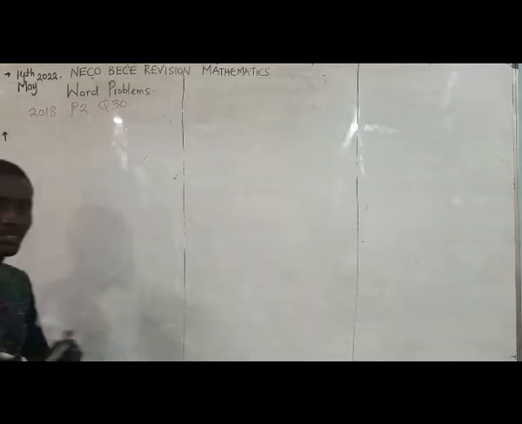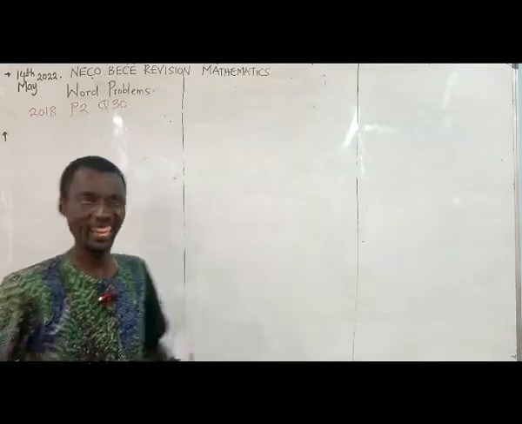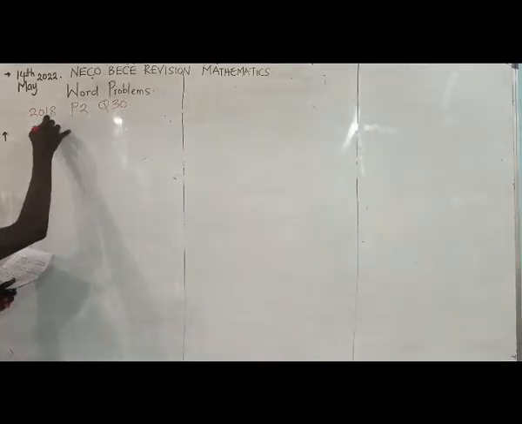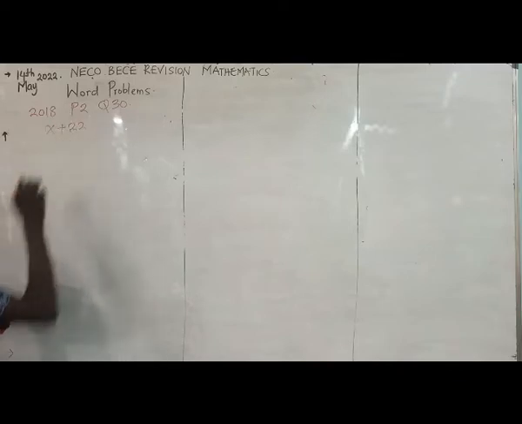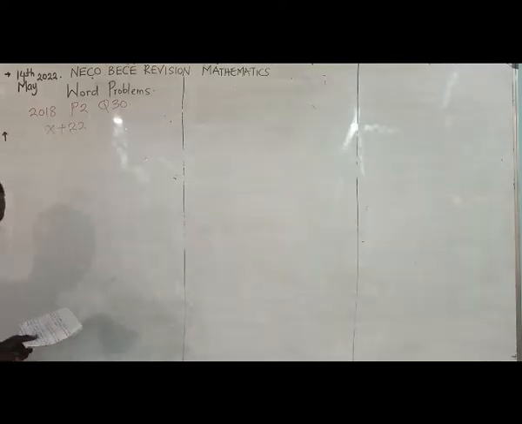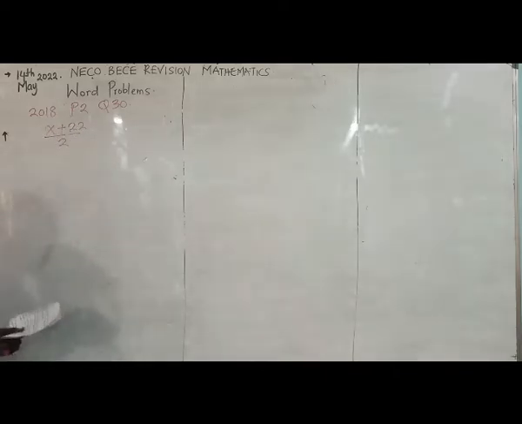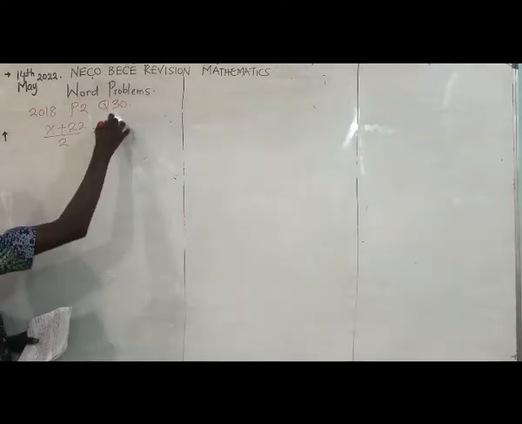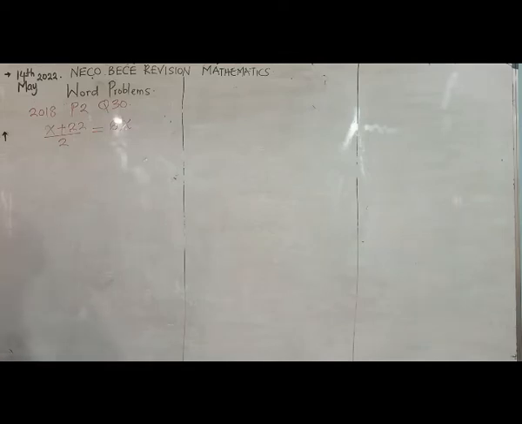Here, they didn't say a certain number. They say added to what? A number. So we use what? X. So it will be x plus 22. And then the sum is divided by 2. The result is 6 times the number. Find the number.